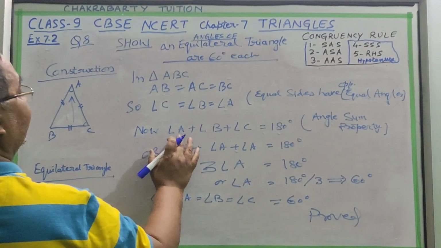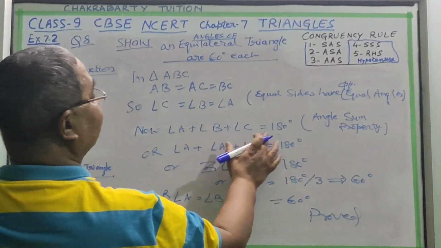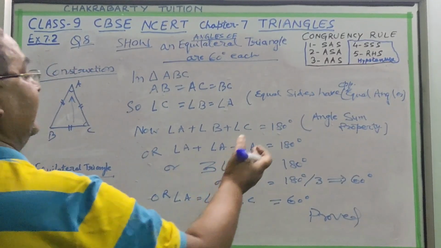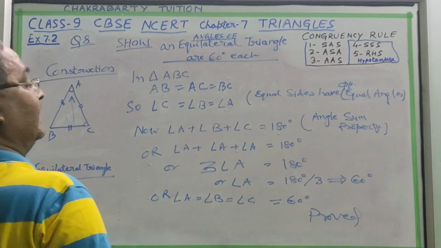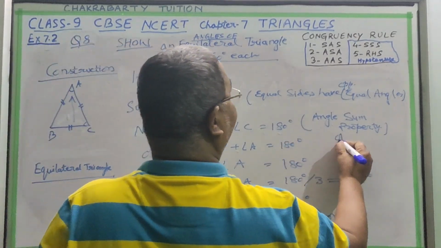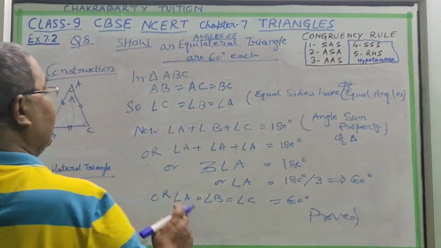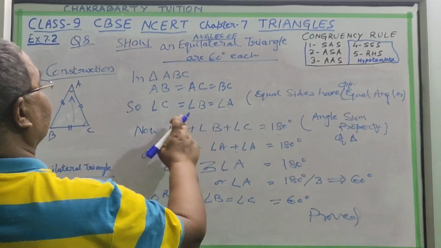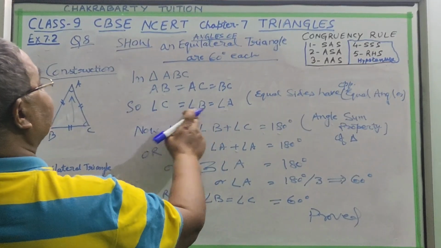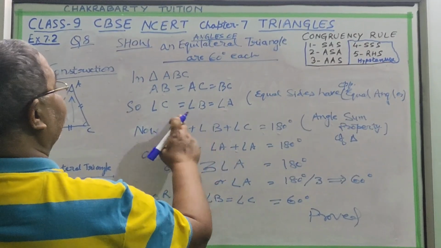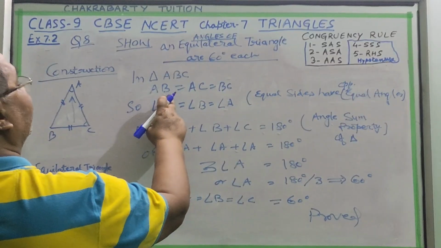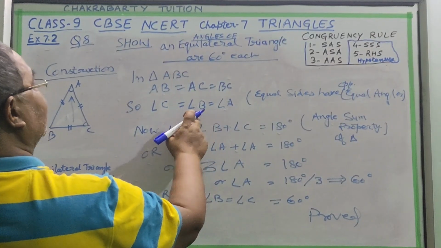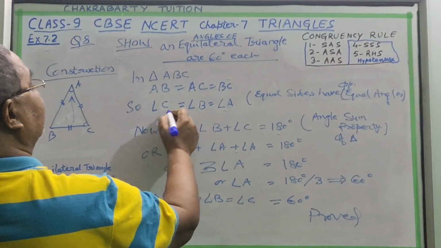So now angle A, angle B and angle C all together are 180 degrees. It is the angle sum property of a triangle. In place of B we can write A, because we already have proved that A, B, C are all equal.